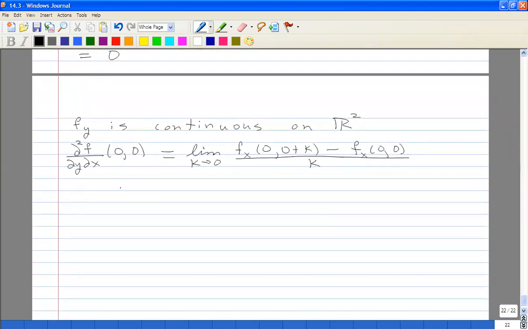So this is equal to the limit as k goes to 0 of, well, we've shown that this is just equal to minus k, and that's 0. And so this is the limit as k approaches 0 of -1, which is -1.